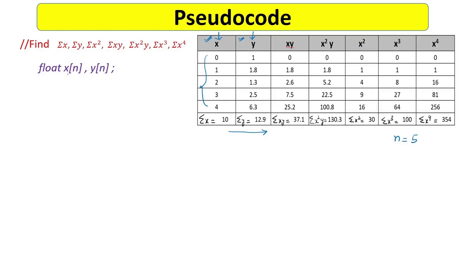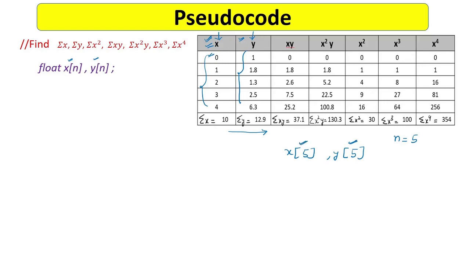I can simply use two 1D arrays, an array named x and another array y, both having size n. This array has a total of 5 elements, indices 0, 1, 2, 3, 4, and the same for array y, it has size 5. These values will be stored in array y and these values will be stored inside array x.